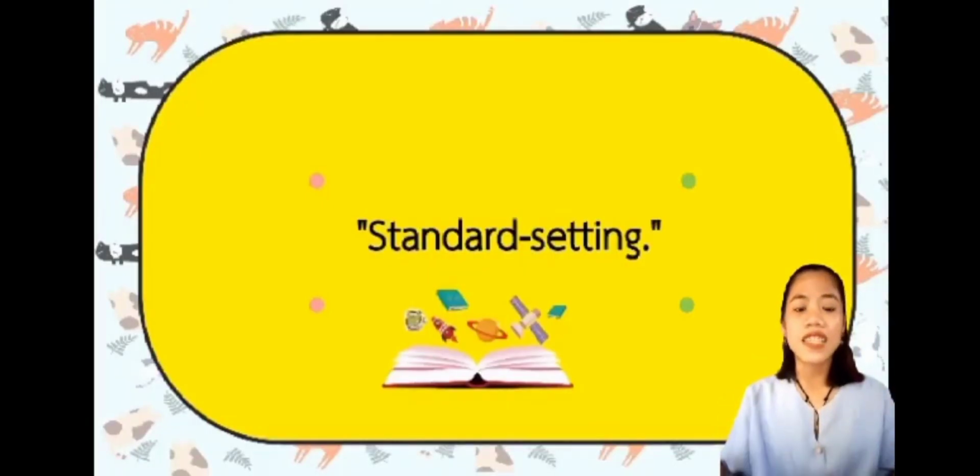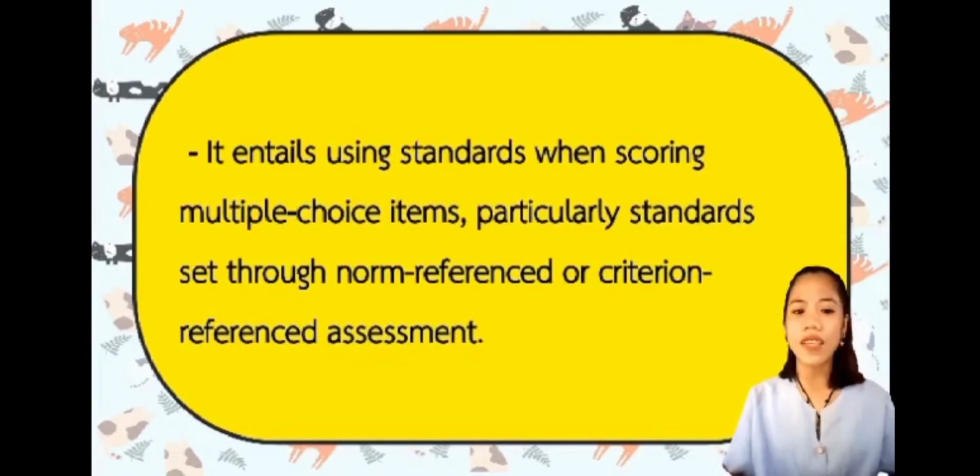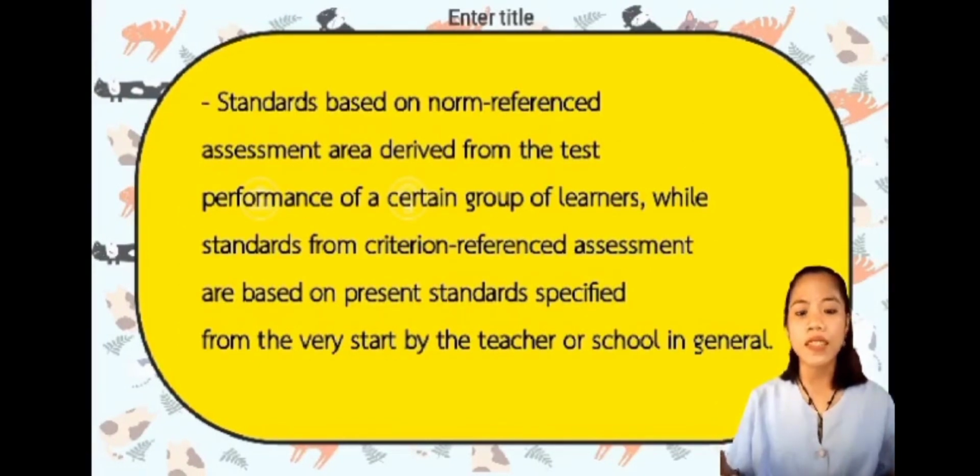Next is standard setting. Standard setting entails using standard-based scoring for multiple choice items, particularly standards set through norm-referenced or criterion-referenced assessment. Standards from norm-referenced assessment are derived from the test performance of a certain group of learners, while standards from criterion-referenced assessment are based on preset standards specified from the very start by the teacher or school in general.